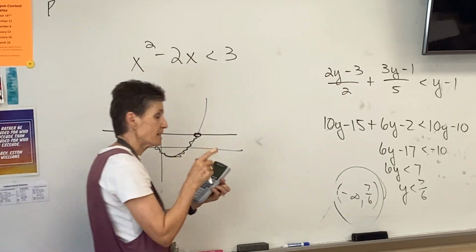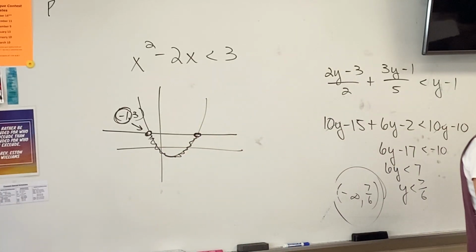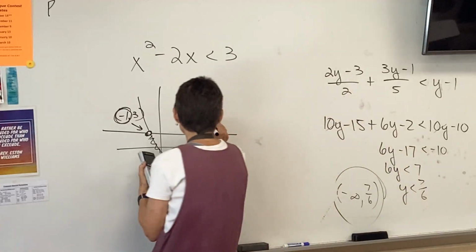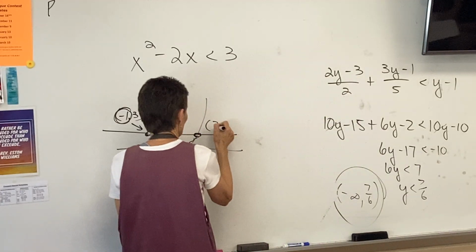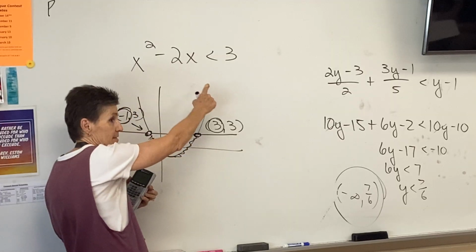All right, let's do the other one. Start over again. Second trace or second calc, intersect. What did you get for that one? 3. So again, we're solving for x.